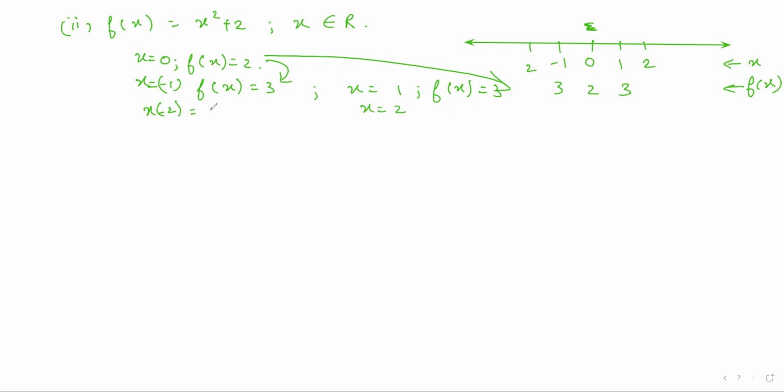For x equals -2, f of x is -2 squared, 4, plus 2 is 6. Here also, for x equals 2, your f of x will be 2 squared, 4, plus 2, which is 6. You're getting a value of 6. So the f of x value goes on increasing. But the minimum value of f of x that you can get is 2. So you'll always get a value greater than or equal to 2.